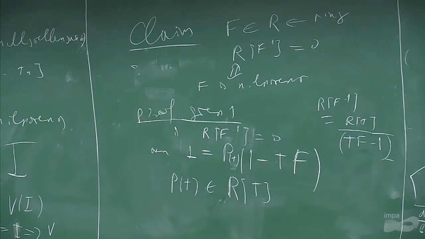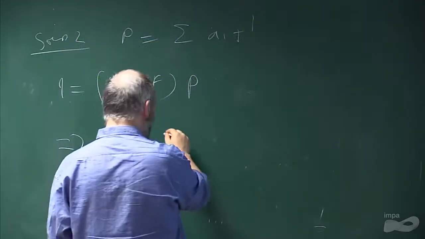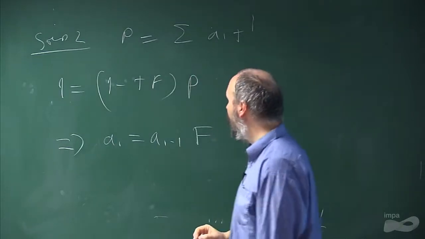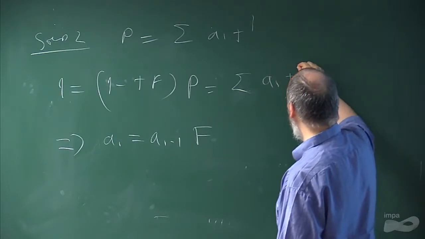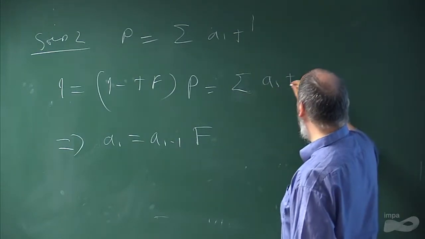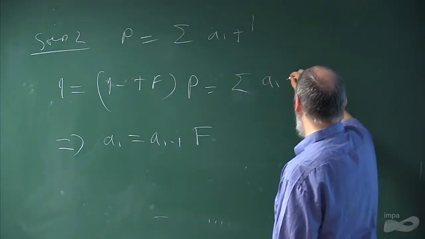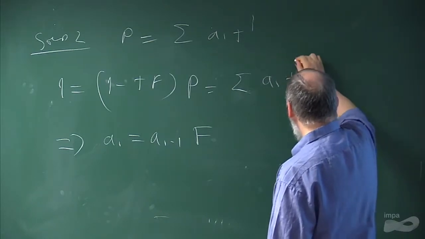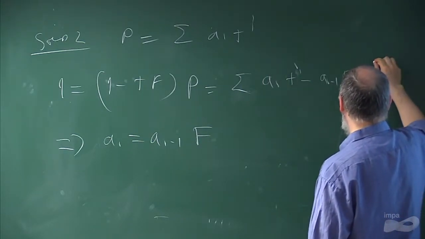Then 1 is equal to 1 minus tf times p means that, I mean, this is just two polynomials, so it's a sum of ai t power i minus ai minus 1 f t power i.